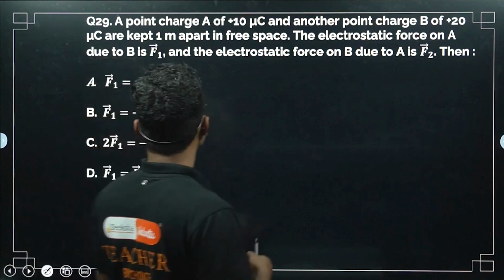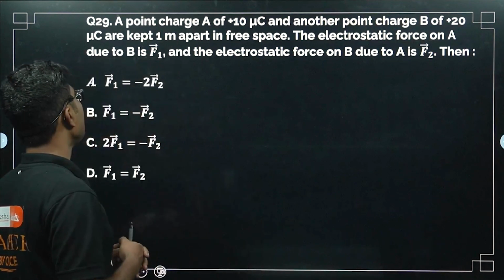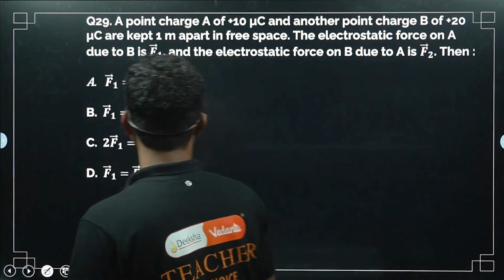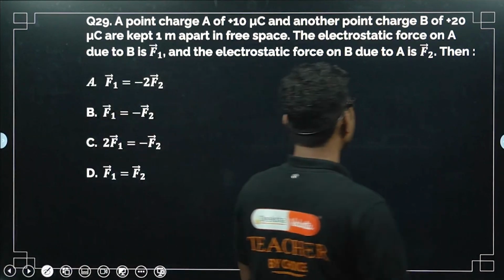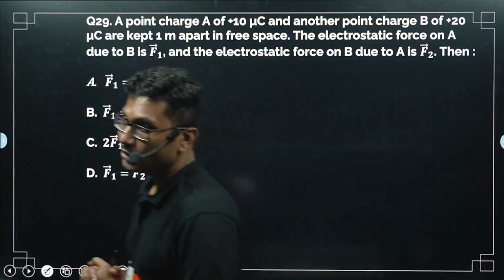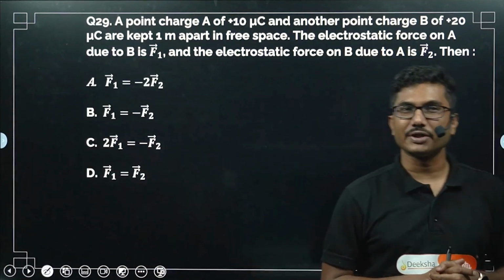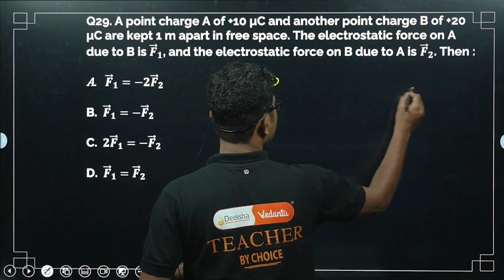Question number 29. A point charge of 10 microcoulomb and another point charge of plus 20 microcoulomb are kept 1 meter apart in free space. The electrostatic force on A due to B is F1 and the electrostatic force on B due to A is F2. Then which of the following statements is correct? This is also a very simple trivial question. Just to confuse you, you should remember that whatever the magnitude of charges, it does not matter.